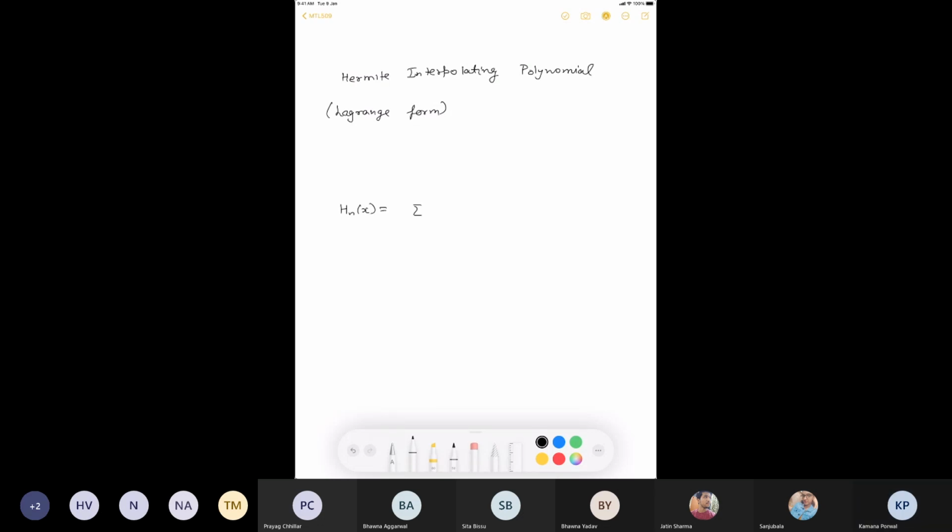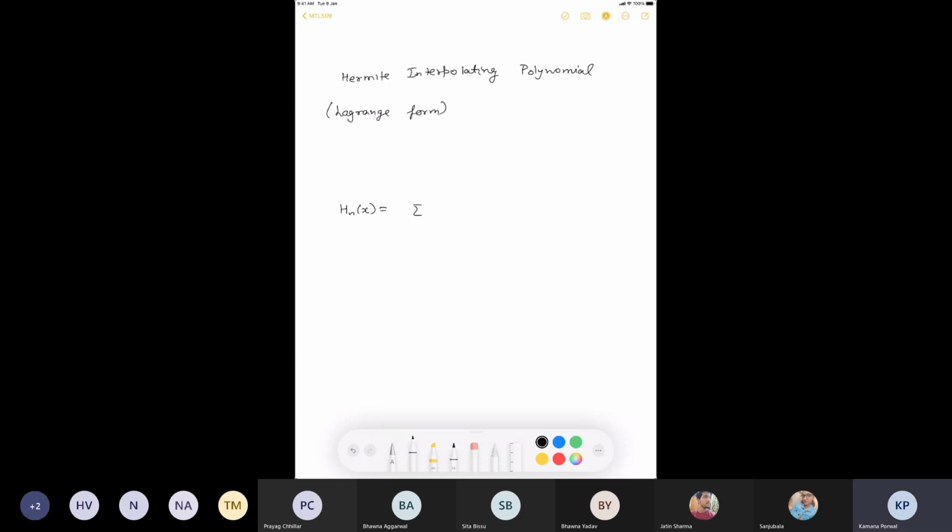So basically, in the last lecture, we obtained the Lagrange form of the Hermite interpolating polynomial, which we denoted by Hn.